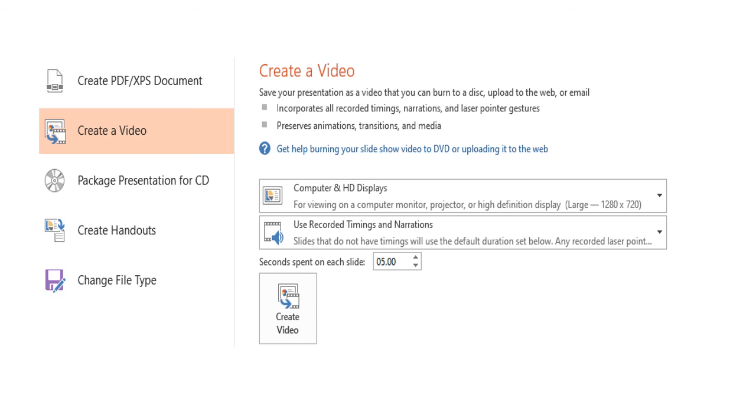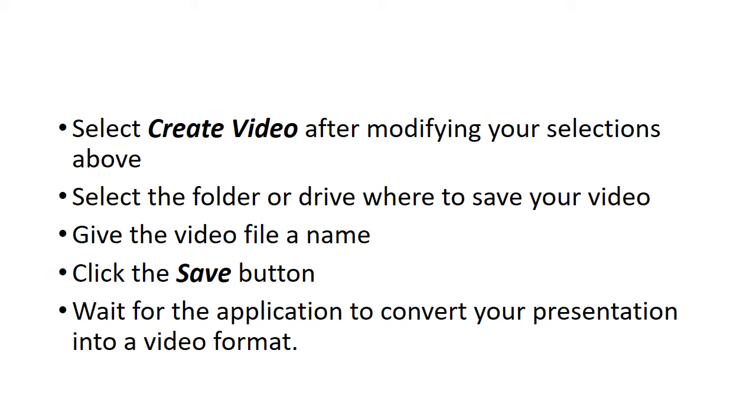When we click on Create Video, then we shall come and finish all these steps that you're seeing here up to when we wait. You have to wait until your PowerPoint is converted into a video. It is a little bit tricky.